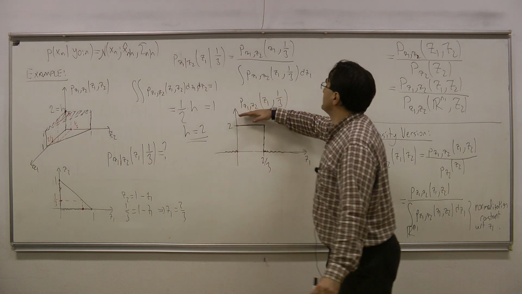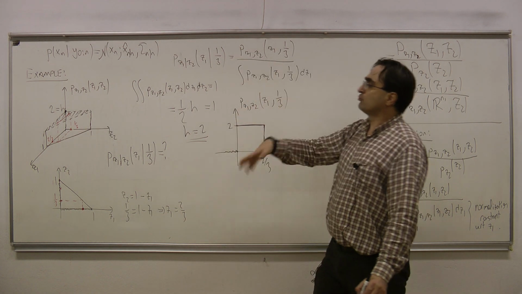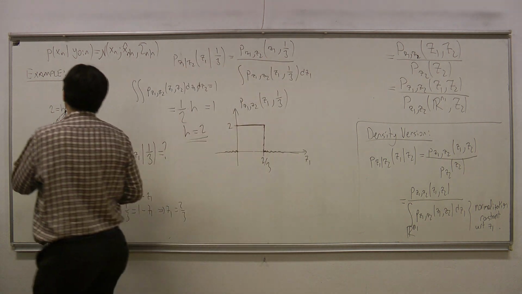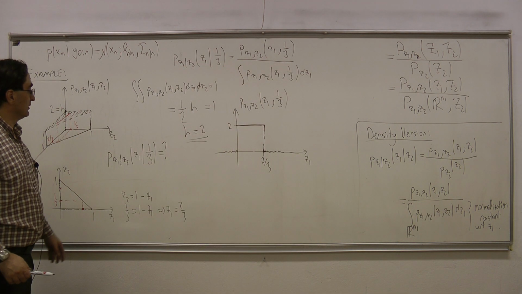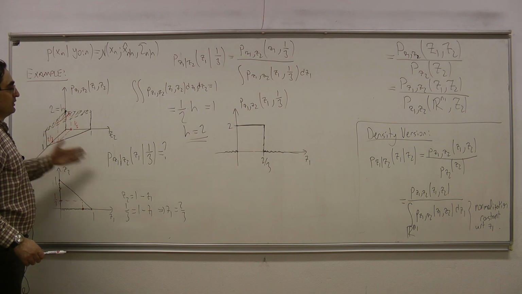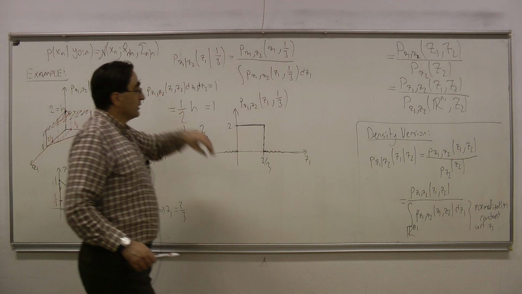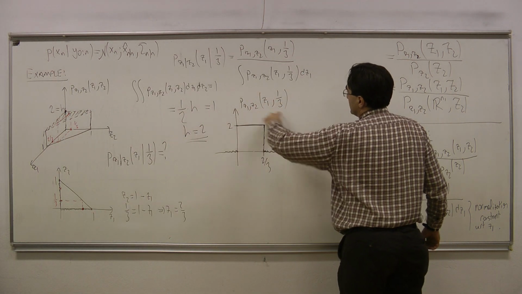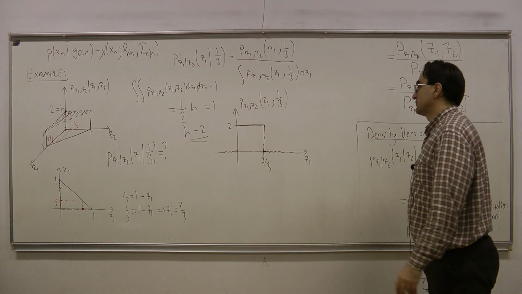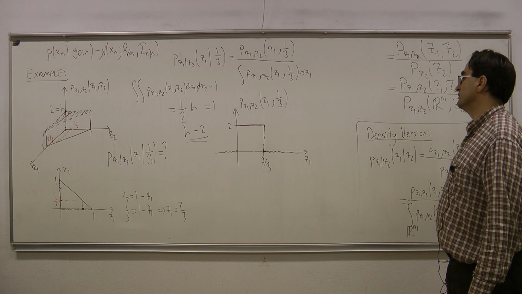This is the cross-section of the joint distribution when I fix the Z2 variable. When I know Z2, this would be the joint distribution with respect to Z1.